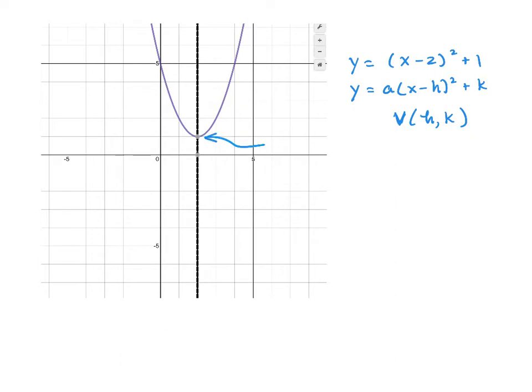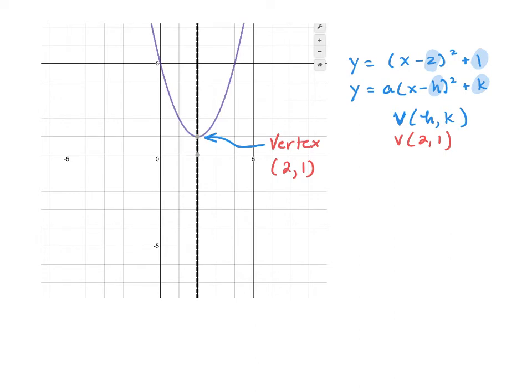We can see if we compare this vertex form to the actual function we have, y equals (x minus 2) squared plus 1, the h value is 2 and the k value is 1. And so our vertex is located right where I have the arrow. Okay, and that is the ordered pair (2, 1). It is 2 in the x and 1 in the y.